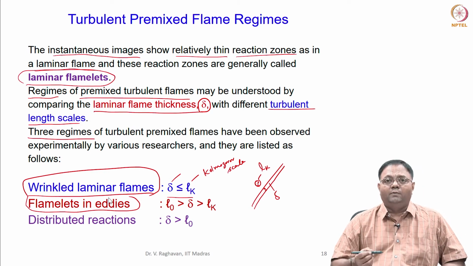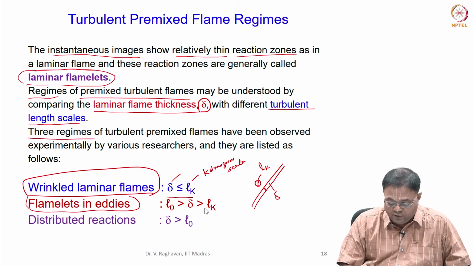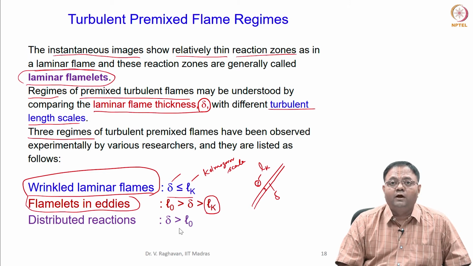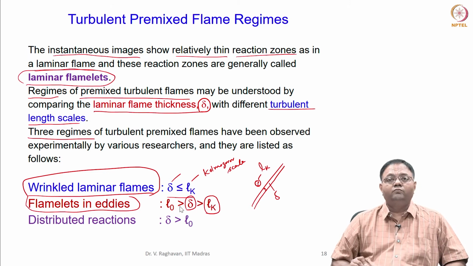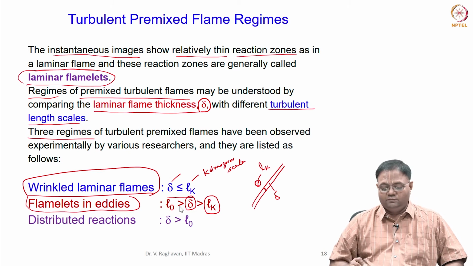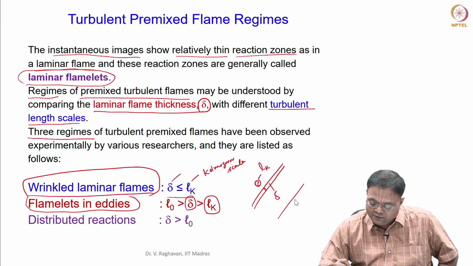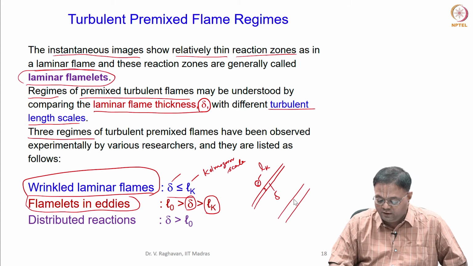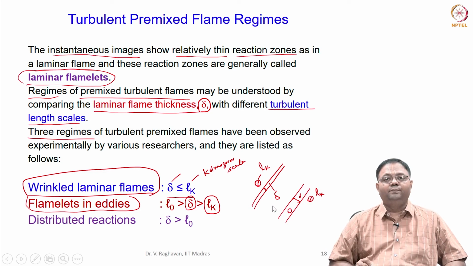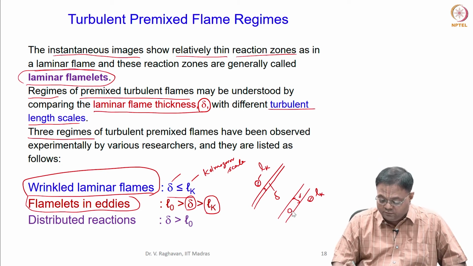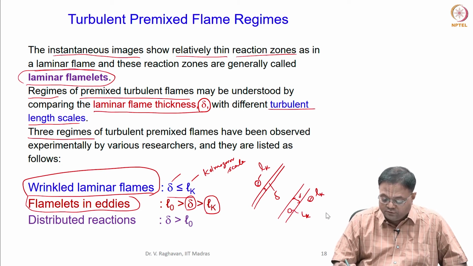So now what happens is the Kolmogorov scale is now smaller than the laminar flame thickness. So now we have a slightly thicker delta here, that is delta, and the Kolmogorov scale LK is smaller, so LK can go inside.